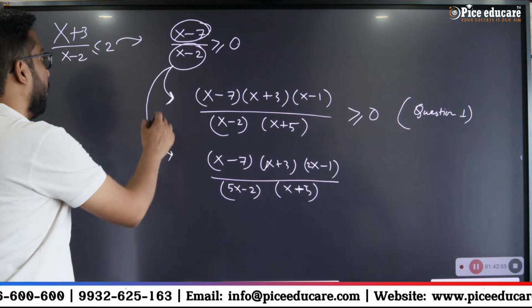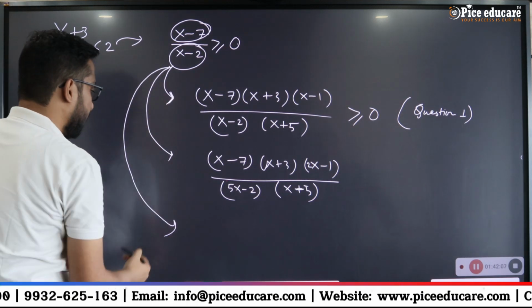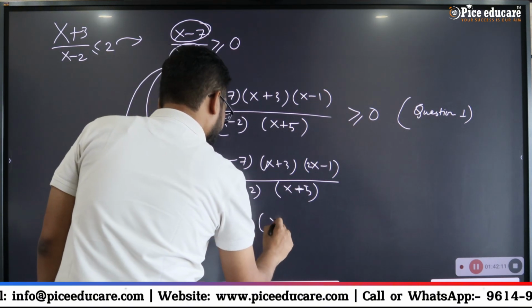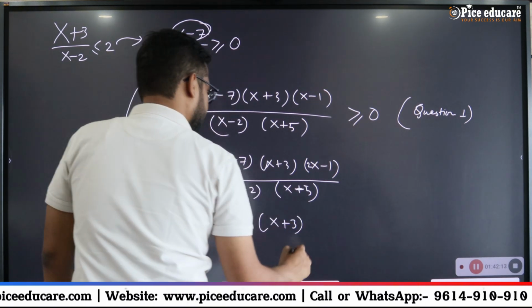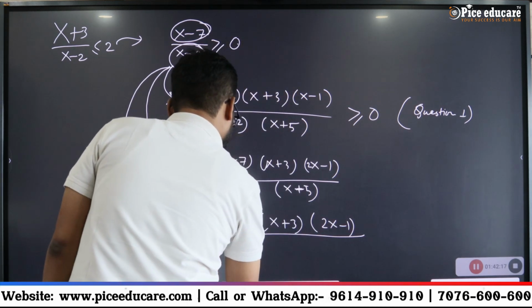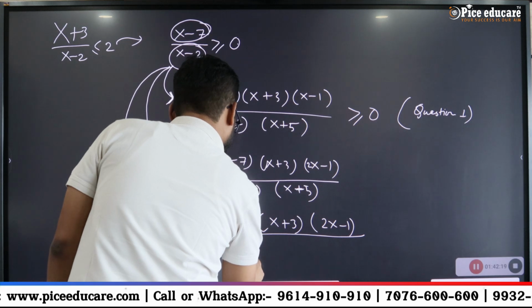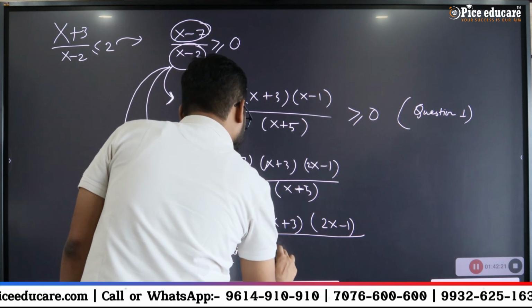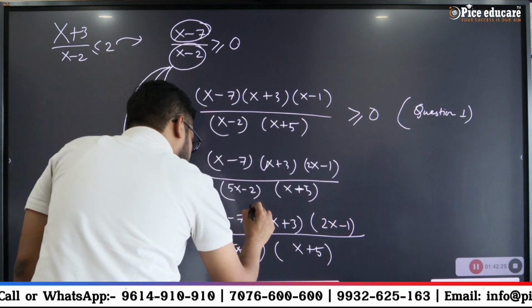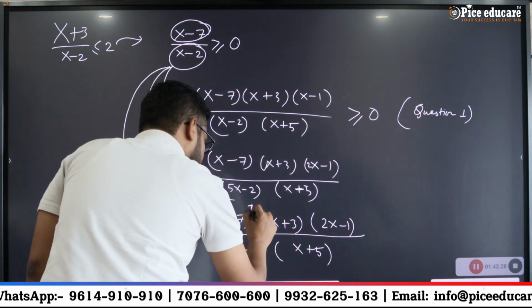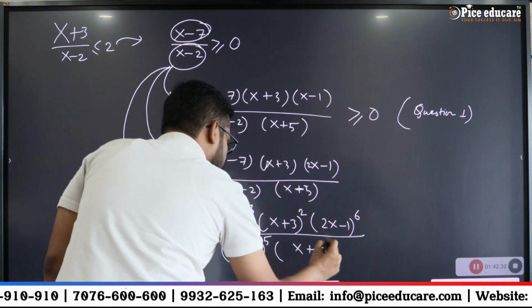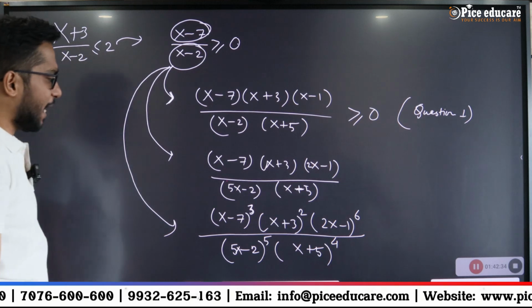You can complicate it even further: you don't change these factors, but you put different powers over them, let's say 3, 2, 6, 5, 4 randomly.